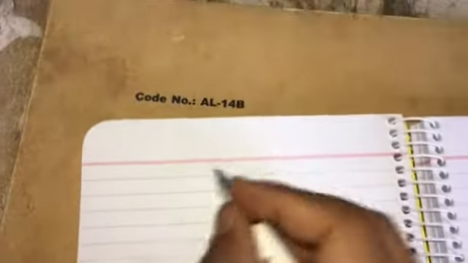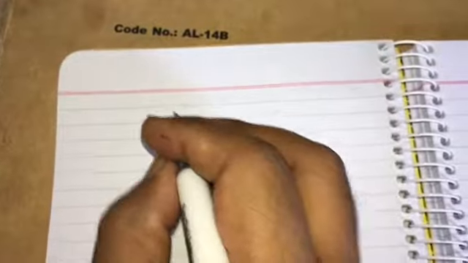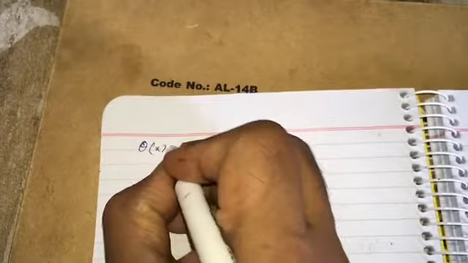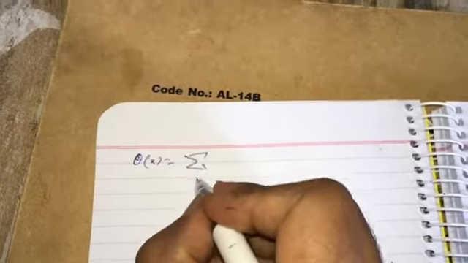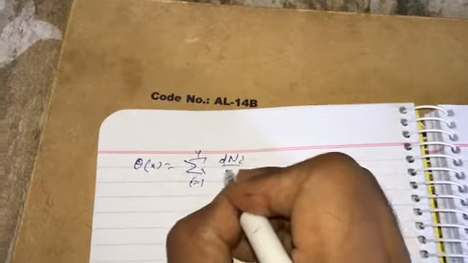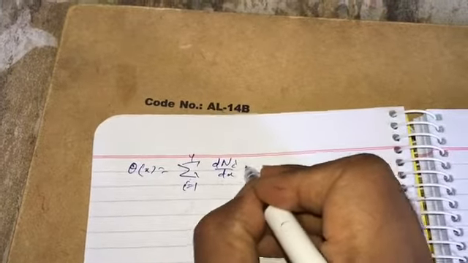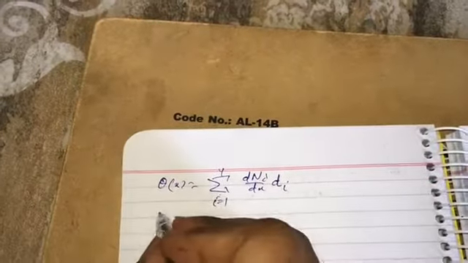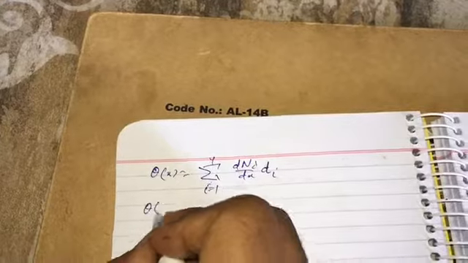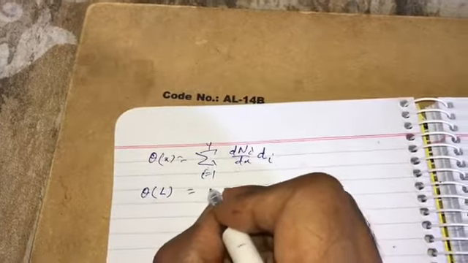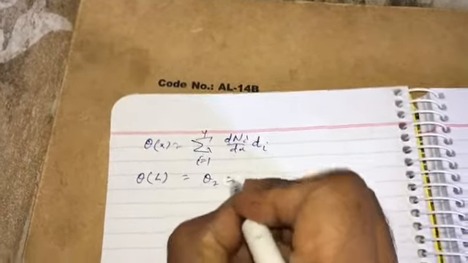So same thing we have to repeat for the last, for theta 2. So we have theta x as a summation of i equal to 1 to 4 of dN_i over dx and d_i. Okay, so theta at x equal to L, we know this is equal to theta 2.